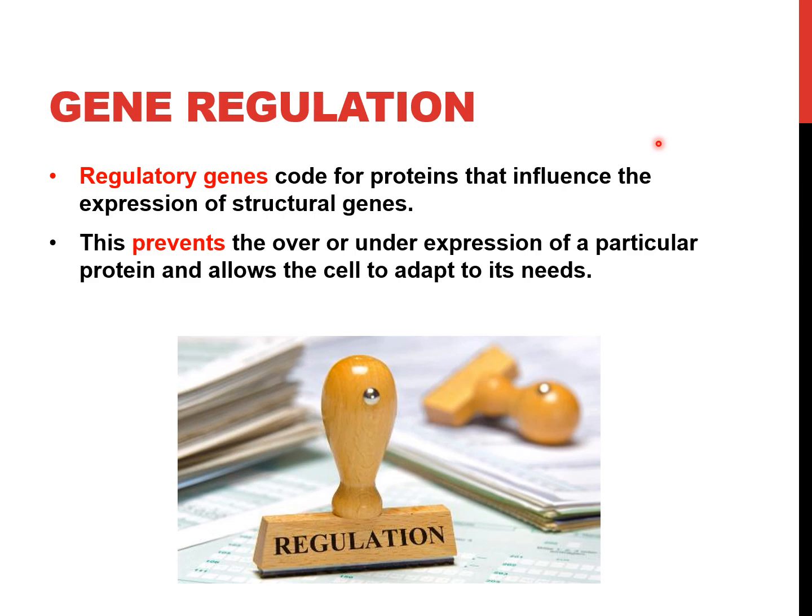Okay, so that brings us to gene regulation. So we have these regulatory genes that code for proteins that influence the expression of structural genes. Okay. This prevents the over or under expression of a particular protein. Really, that should be amino acid in this case for what we're looking at, and allows the cell to adapt to its needs. Okay, so amino acids such as tryptophan can be very energy expensive.